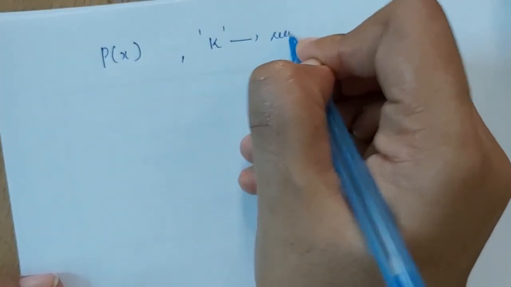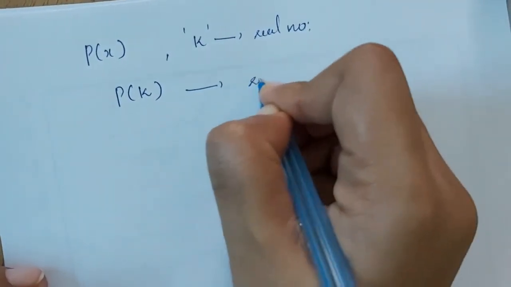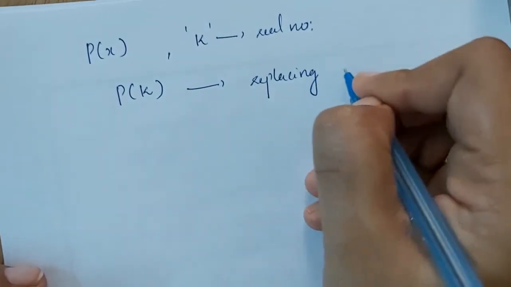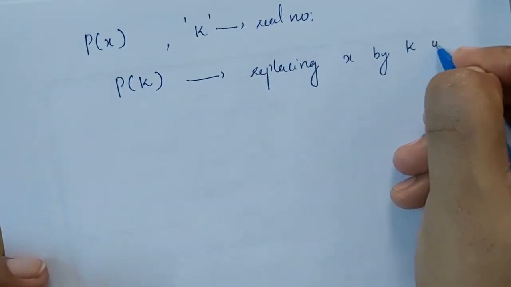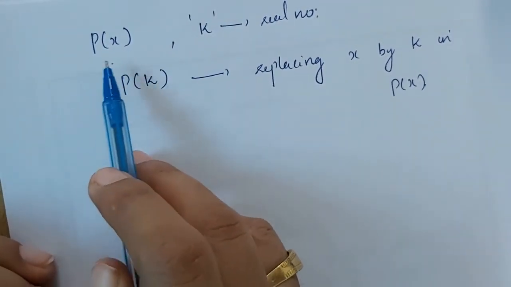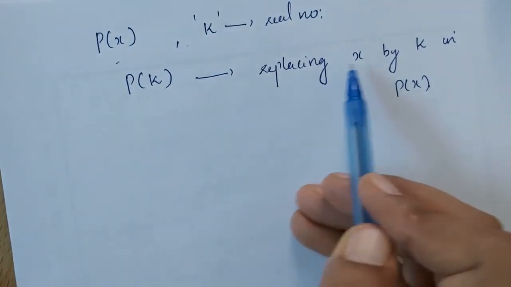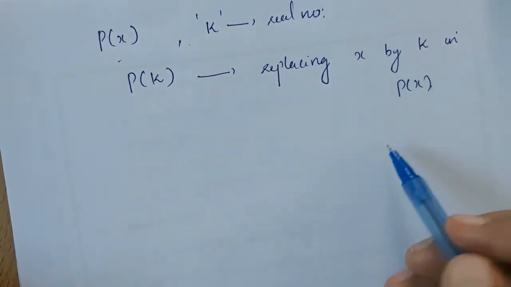If p of x is a polynomial which is expressed in variable x, and consider a variable k which is a real number, then p of k means we are replacing x by k in p of x. Once again, consider p of x is a polynomial in variable x and k is any real number. Then p of k, that is we are replacing x by k in polynomial p of x.